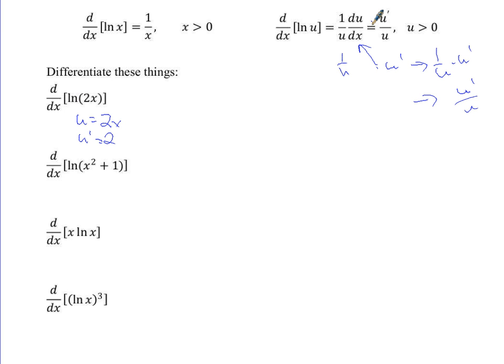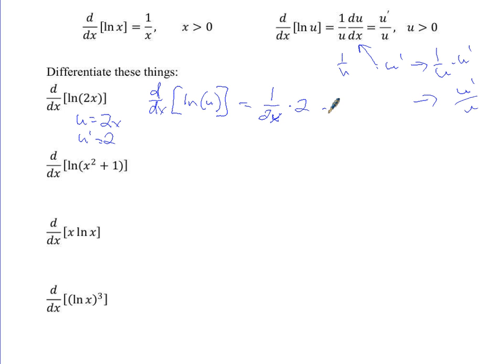So now what I have is d over dx of the natural log of u. It basically fits that pattern exactly. So I get 1 over 2x, 1 over u, but u is 2x, times u prime, which is 2.